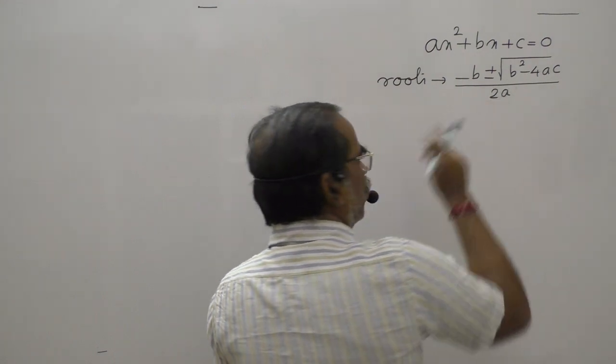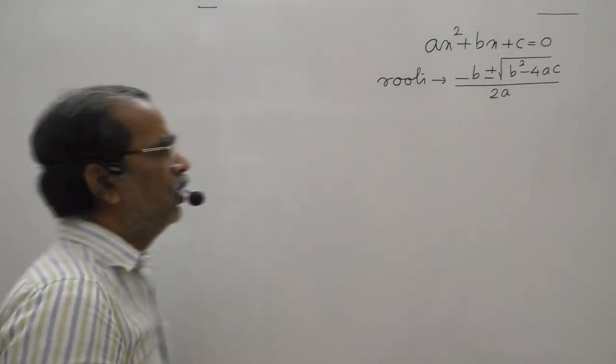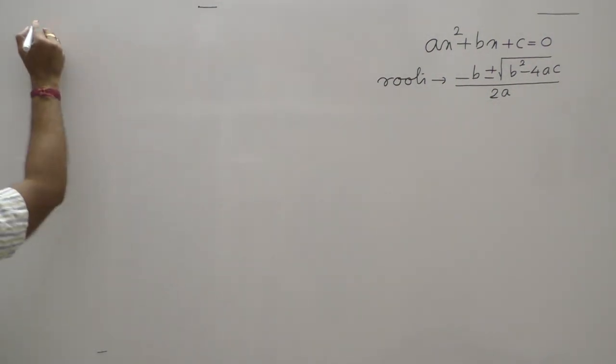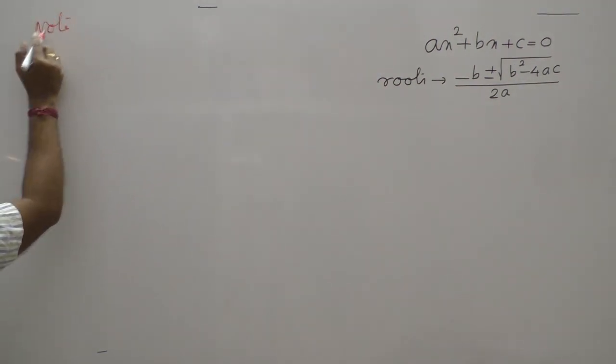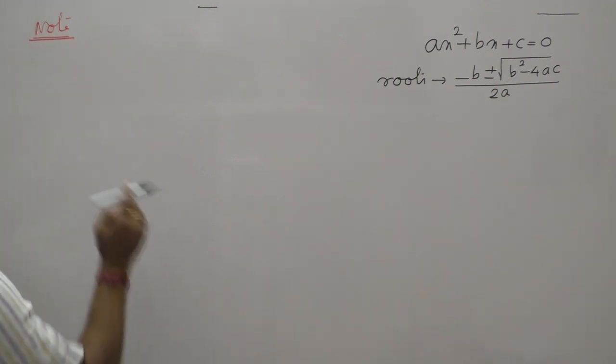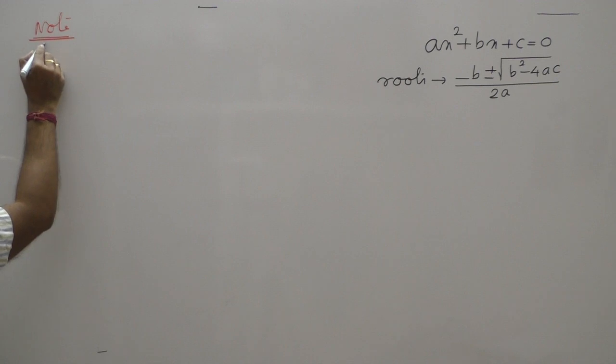Just now we have shown this, we have seen this. Now we will see some important properties. They are all important. I will take it as notes. I will explain point-wise.